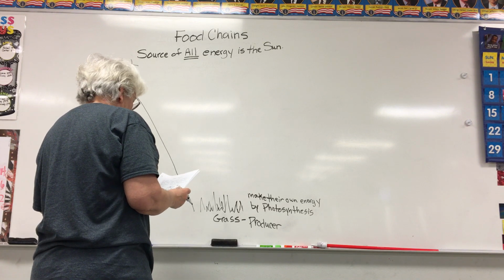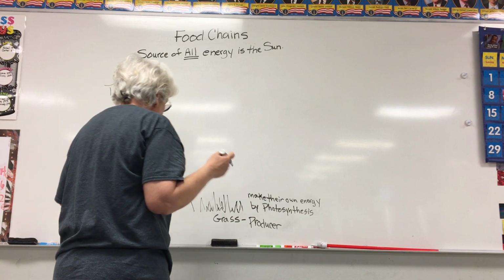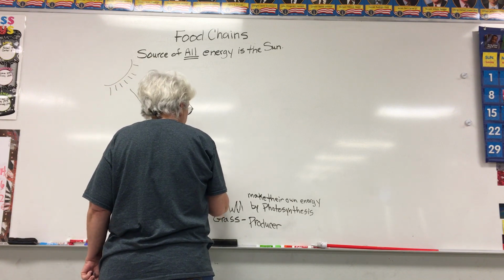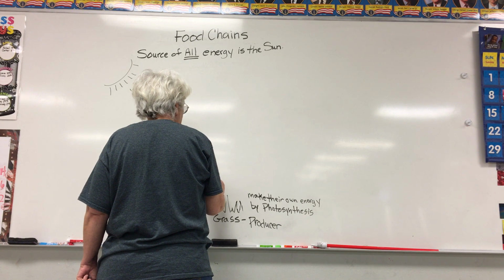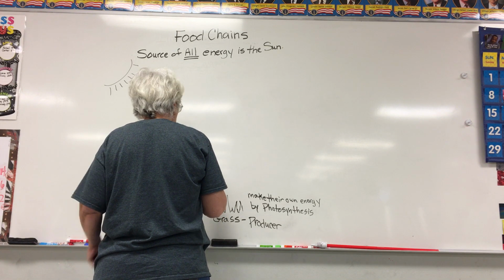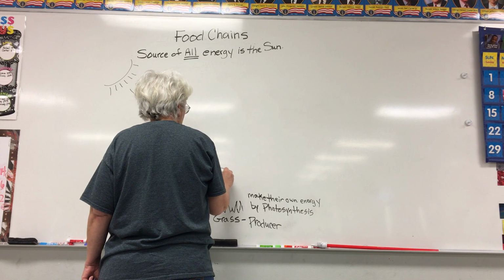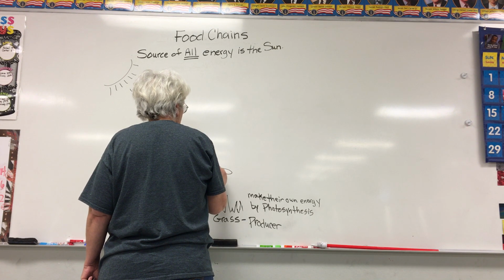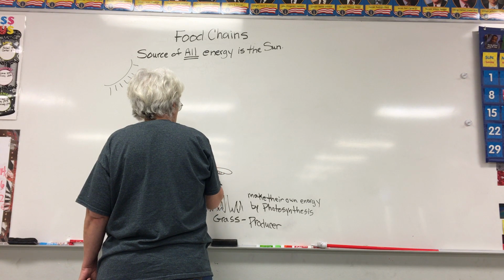All right, we're going to make a food chain. So what eats grass? This is transferring our energy, that's with the arrow. Let's say it goes to a grasshopper. I'm not very good at making grasshoppers. Put his little legs out here, his little antennae.